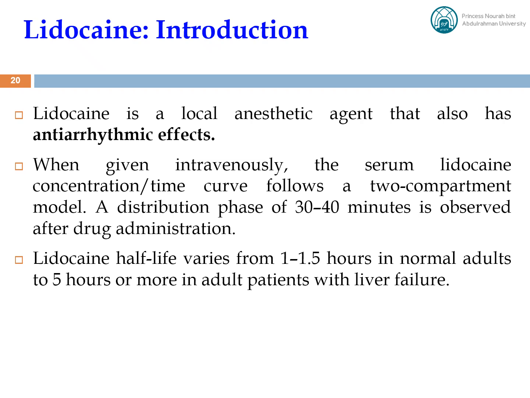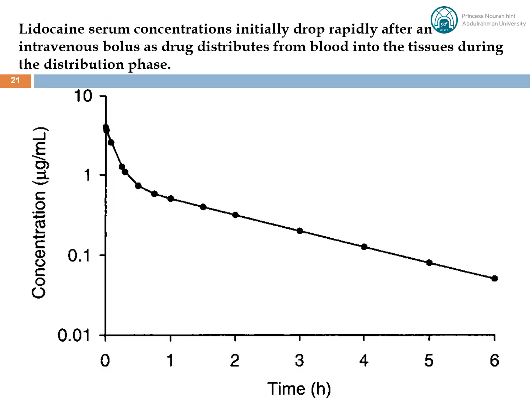Lidocaine serum concentration initially drops rapidly after an intravenous bolus, as the drug distributes from the blood into the tissues during the distribution phase. The distribution phase, just as we have mentioned, is only around 30 to 40 minutes, compared with 8 to 12 hours for digoxin.